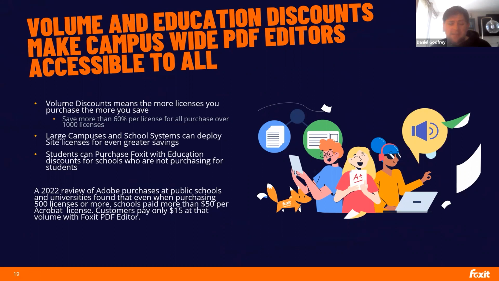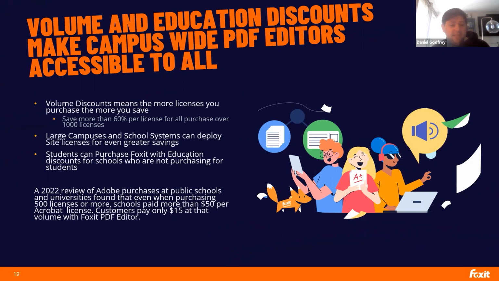Our volume discounts are pretty massive. Right now, for any school that's purchasing over 1,000 licenses, you're actually looking to save about 60% on those per license costs. So that brings your subscription license down from the $29.95 or $29.99 of the single license rate to $10. So you can actually cover large portions of your campus for a reasonable price.